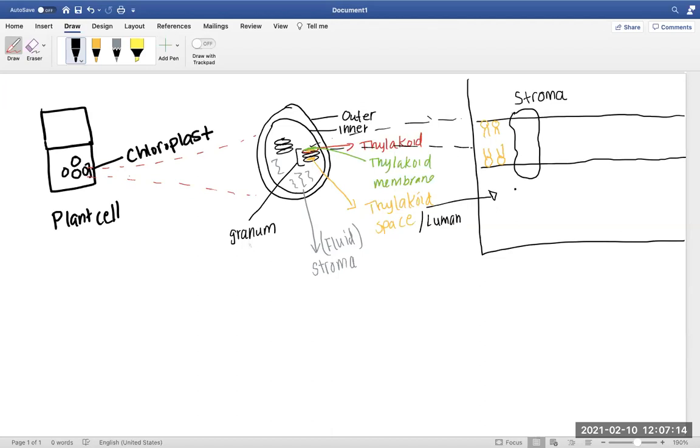Photosystem 1 or photosystem 2? 2. So I'm gonna say PS2, not PlayStation, but photosystem. So photosystem 2 comes first, and then you have photosystem 1, and that comes second.